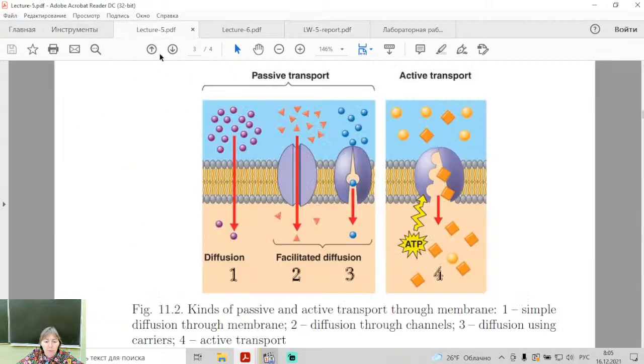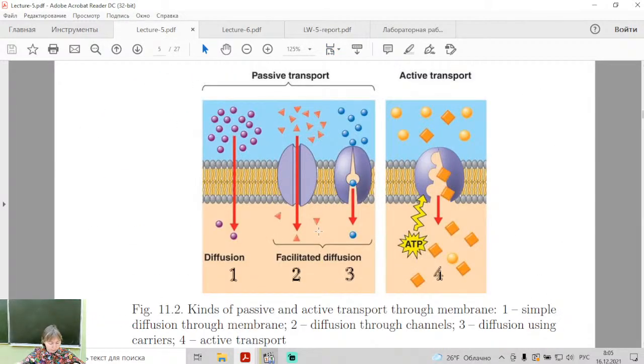But now, our lecture about biopotential. And we talk about the mechanism of substance transport across the membrane. The mechanisms or kinds of substance transport can be classified into two groups. The first group is passive transport of substances.